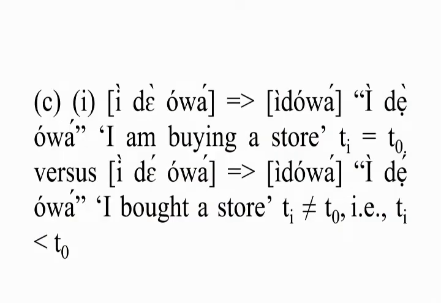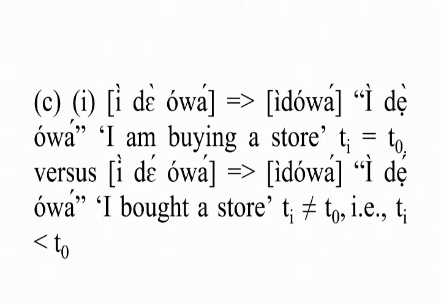That is, I bought a store. So when you say Idowa, that is present continuous, as opposed to Idowa, that is, I have completed the action of buying a store. Ide owa, that is Idowa.